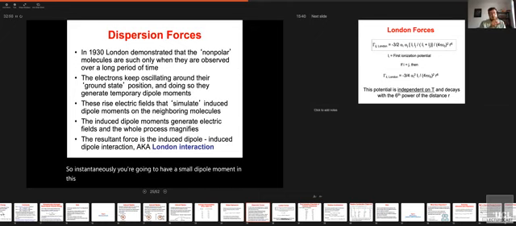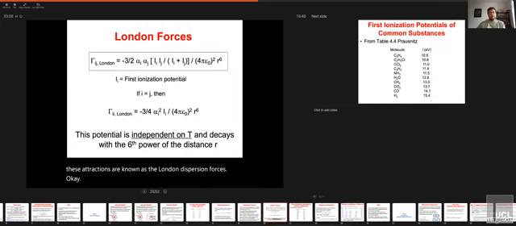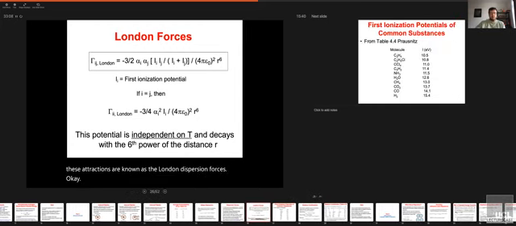This little dipole moment induces a dipole moment on other molecules, and these effects are manifested as attractions, known as the London dispersion forces.